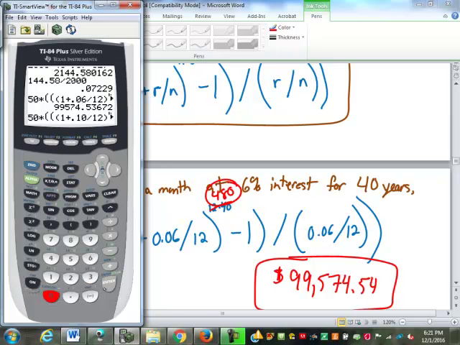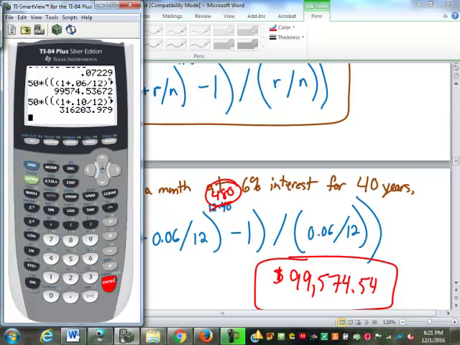So I changed my percent to 0.1 instead of 0.06. That now jumps up to 316,000. It more than triples it. So those of you that think even a half a percentage point or whatever on your investments isn't a big deal, it is huge when you're looking at 30 or 40 years down the road.